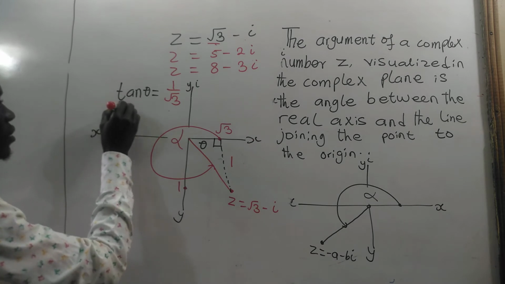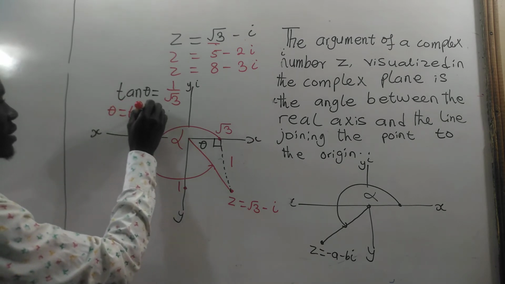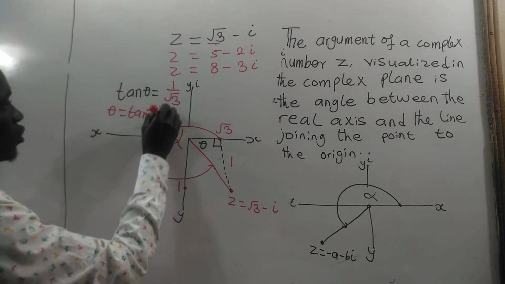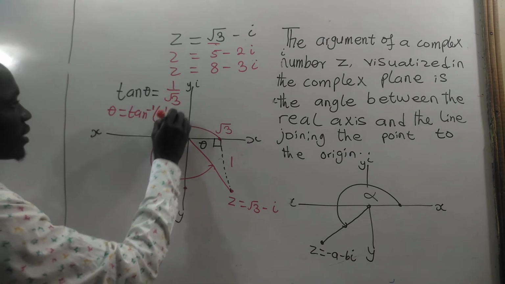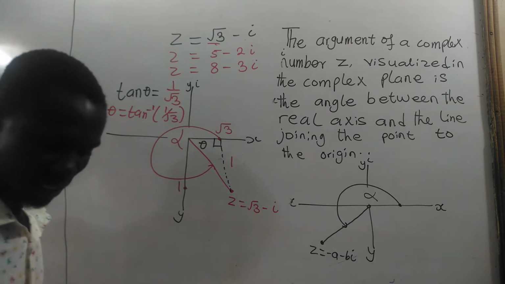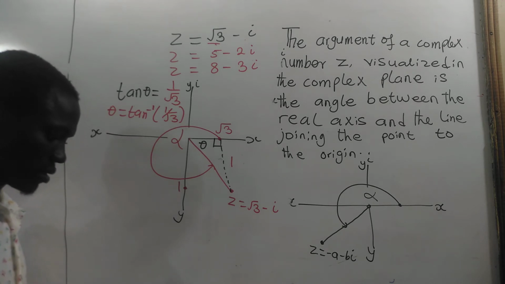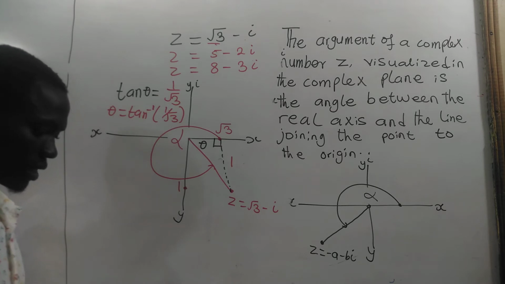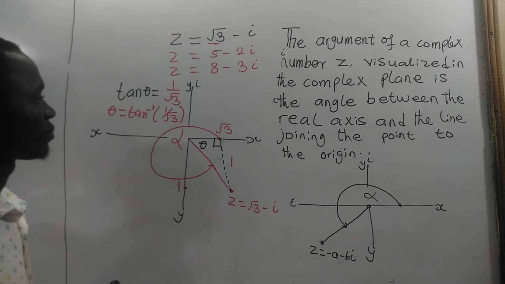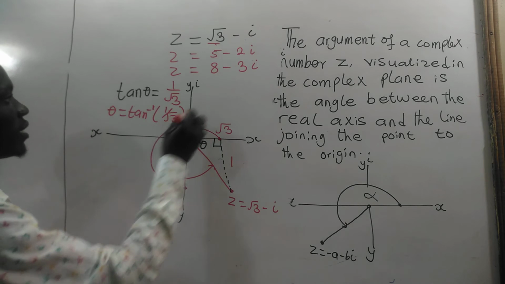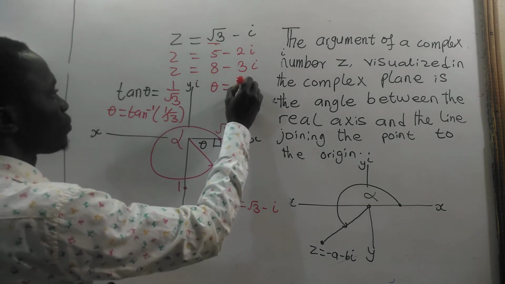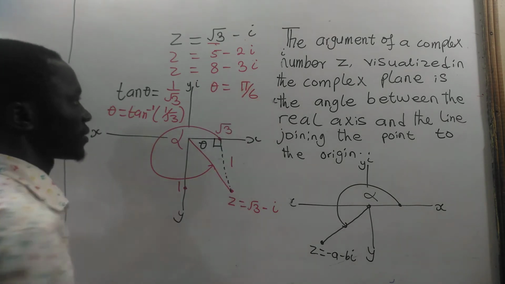So theta will now be equal to the tangent inverse of 1 on root 3. And what will that give? We have the tangent inverse of 1 divided by root 3, and that is pi on 6. So here we have theta equal to pi on 6.